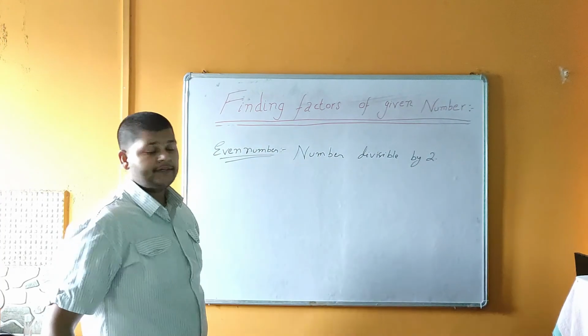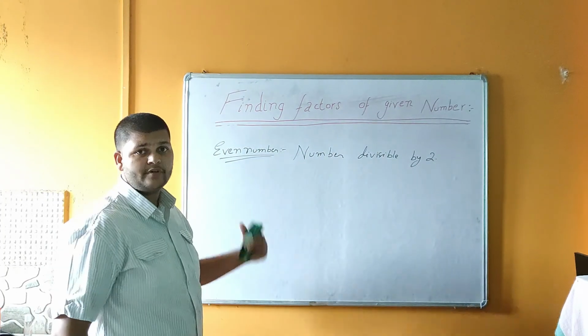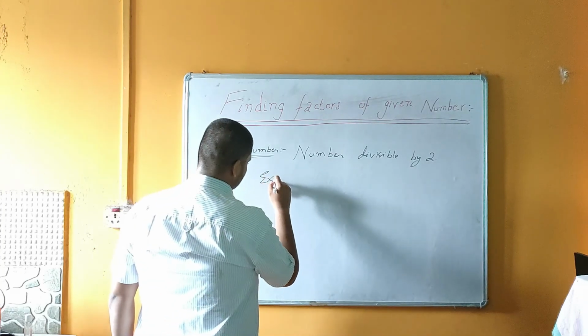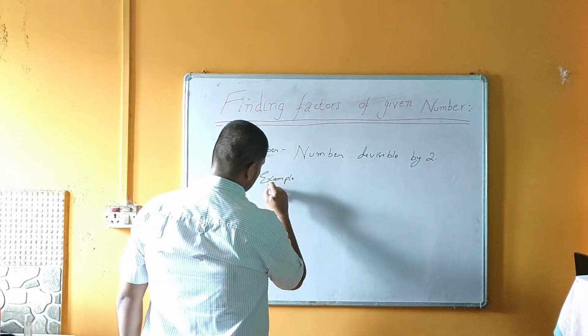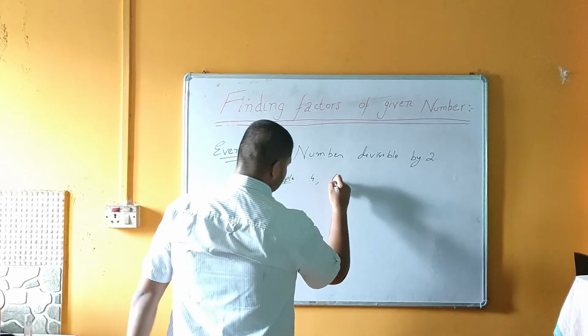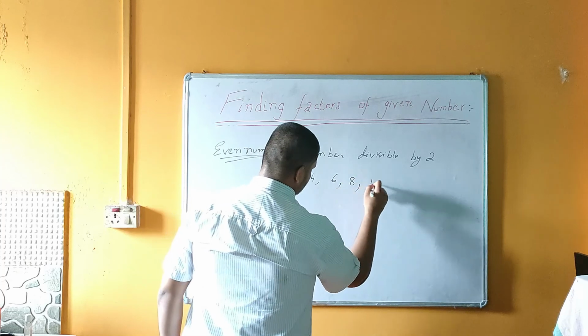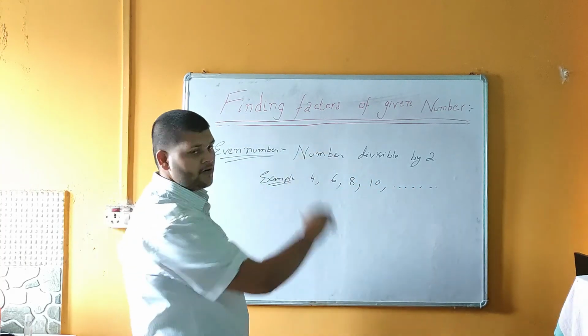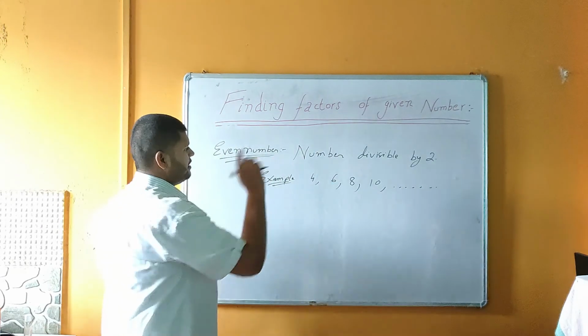Any number divisible by 2, we will say it is an even number. Examples: 4, 6, 8, 10, and so on. There are n number of examples for even numbers.